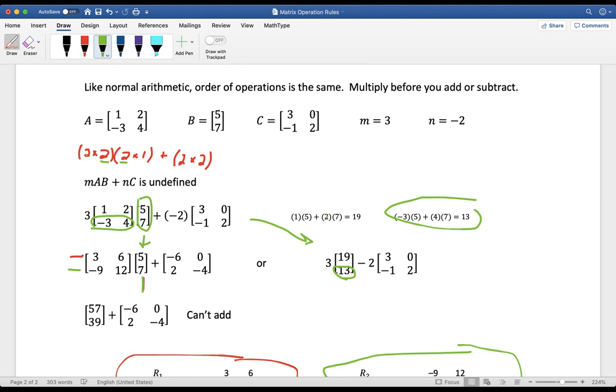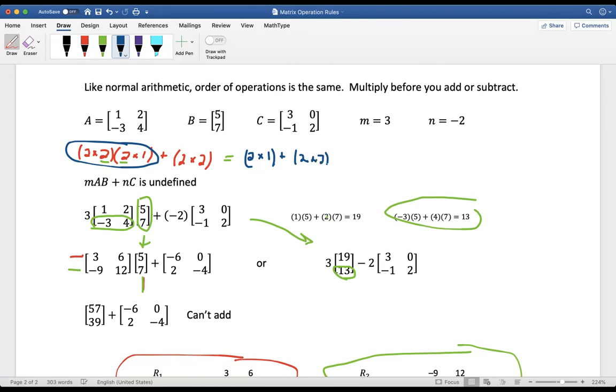My outcome is going to be this number of rows by this number of columns. So these first two multiplied together would just be a 2 by 1 matrix. And now I'm going to add that to a 2 by 2 matrix.